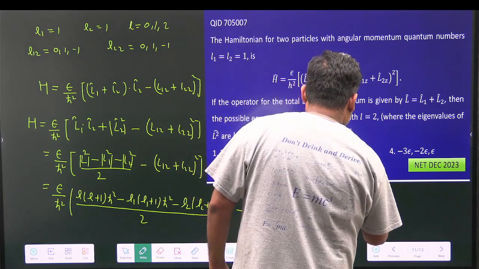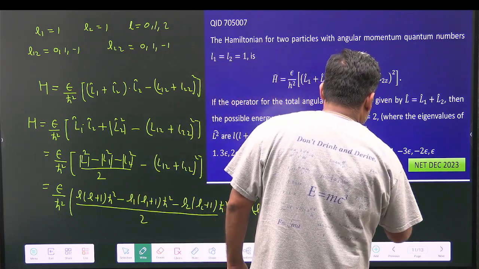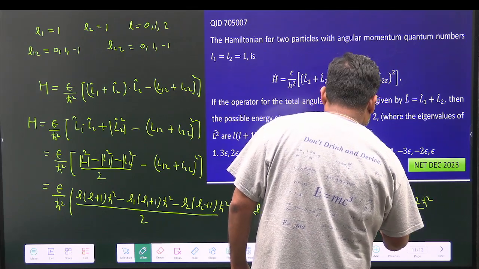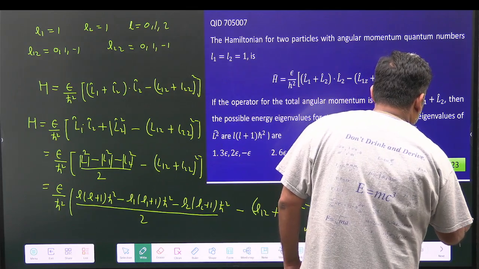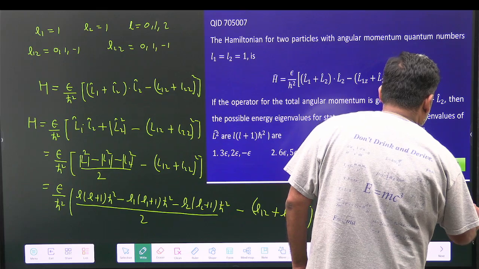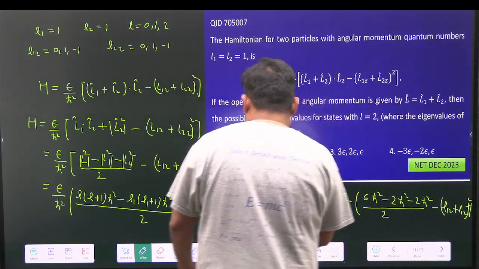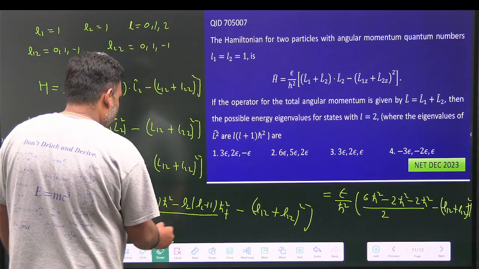So this value is 6 h cut square, L1 is equal to 1, so this value is 2 h cut square minus 2 h cut square, by 2, and minus (L1Z plus L2Z) whole square. And one more term is also there, that is L2 square basically. So I have just missed this term.